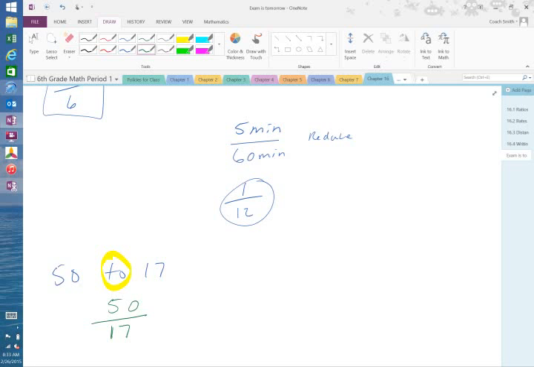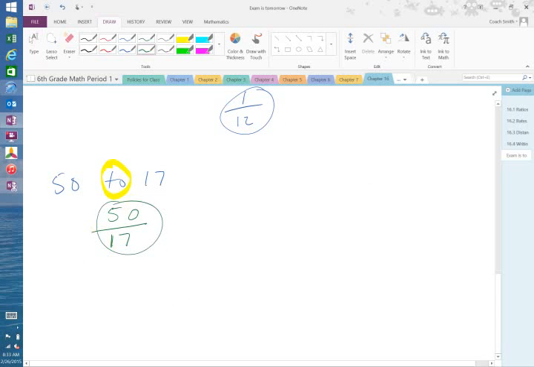Now, is there any common factors between 50 and 17? Nope, there's not. So that would be your answer. Okay? So that's the ratio part. You're basically just taking fractions and reducing them. Instead of calling it a fraction, we're calling it a ratio.